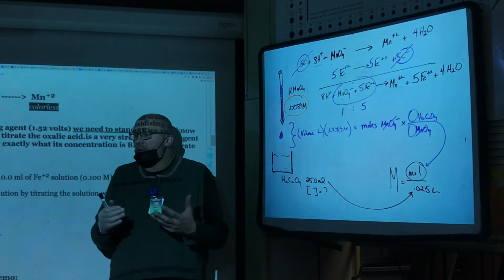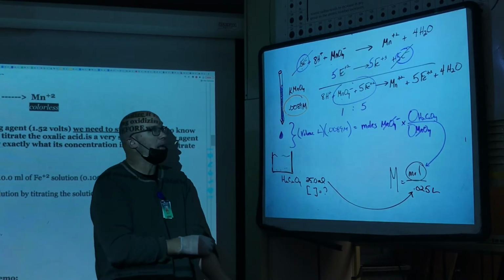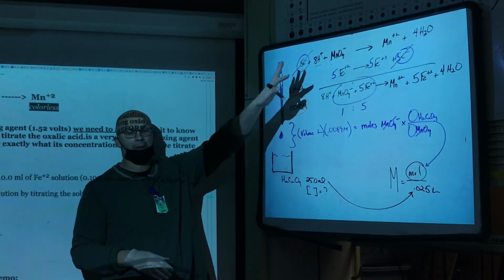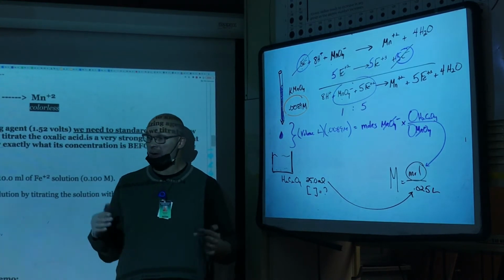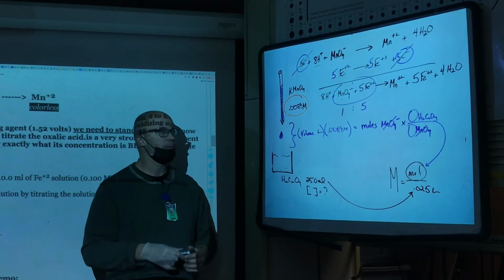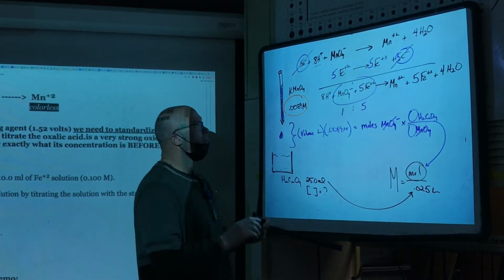This is the same stuff that you were doing in the acid-base titrations, except the extra step here is doing the balancing to get the actual ratios. Because in the acid-base stuff, 1 H plus was 1 hydroxide. Okay? So we're going to now balance this.